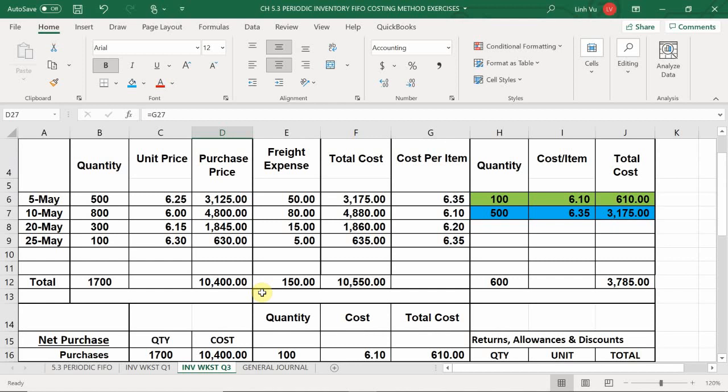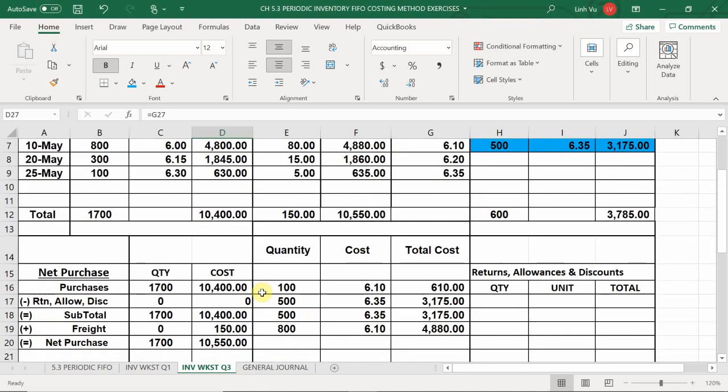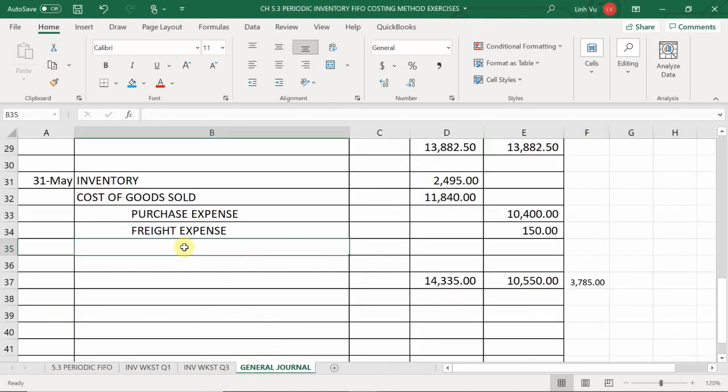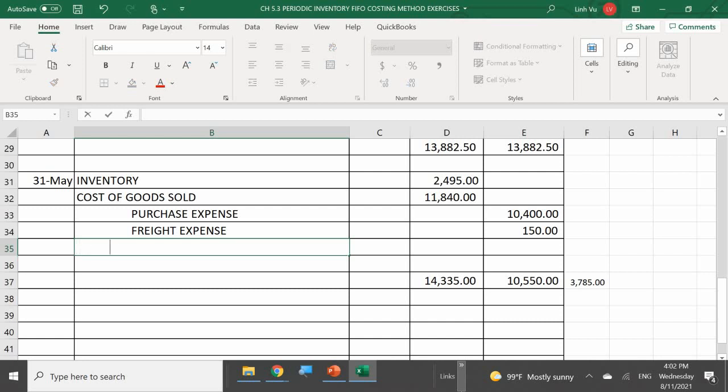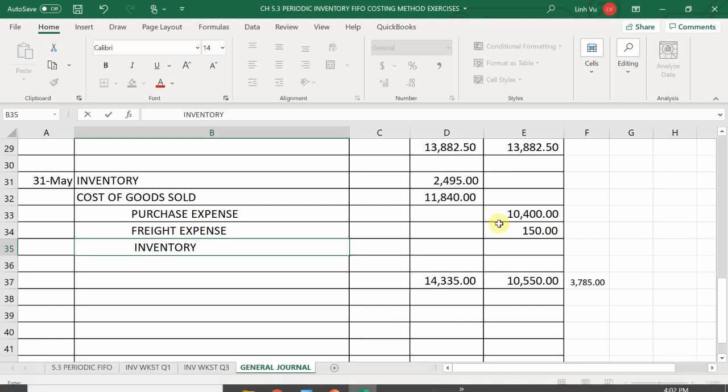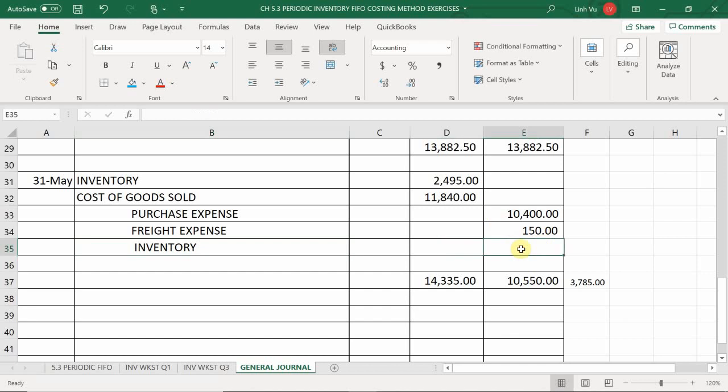Now, in real life, there's no such thing as a beginning inventory and an ending inventory. These are the same exact account.